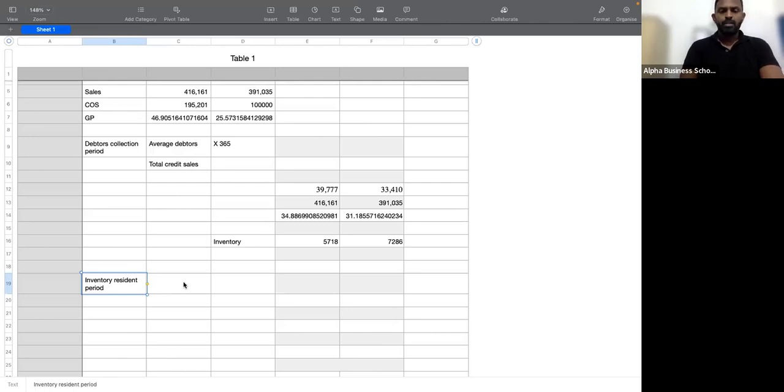So inventory residence period is generally calculated by average stock divided by cost of sales, multiplied by 365.